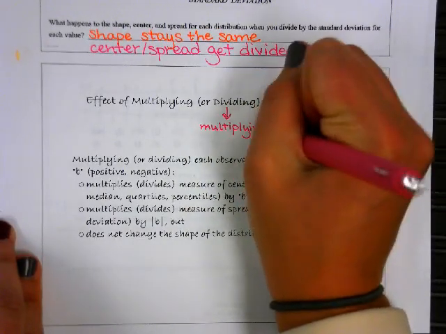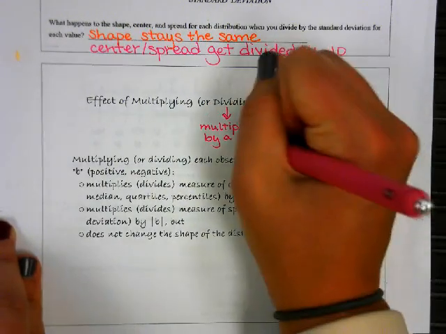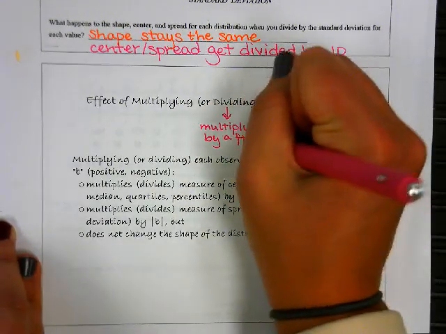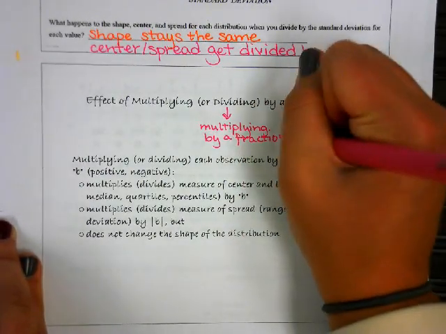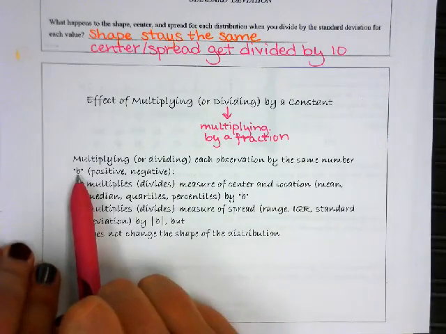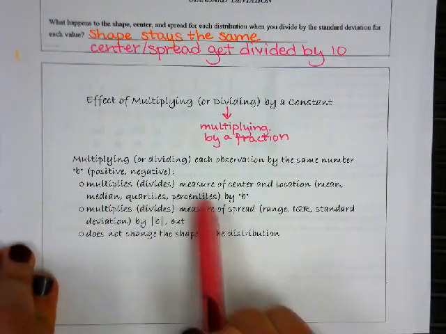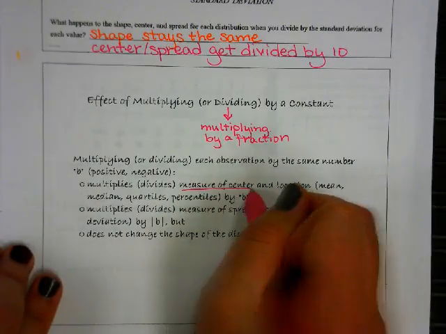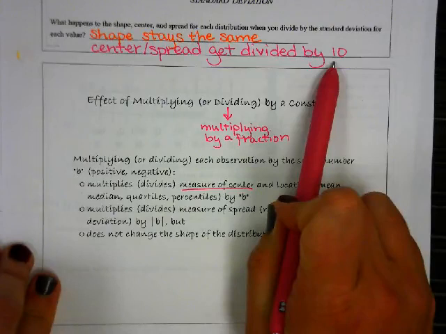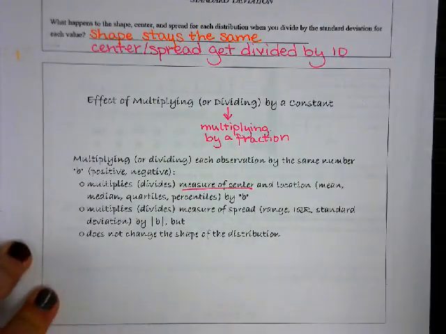So when you multiply each observation by the same number, b, whether it's positive or negative, it multiplies your measure of center and location. Like I said, the center did get divided by 10, but 0 divided by 10 is 0, so it looked like it stayed the same. It multiplies your measure of spread.